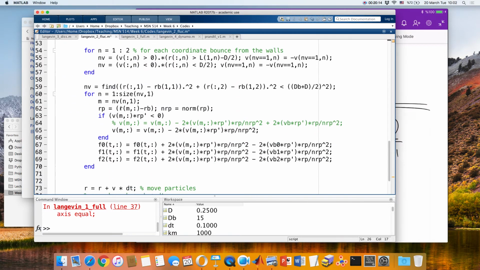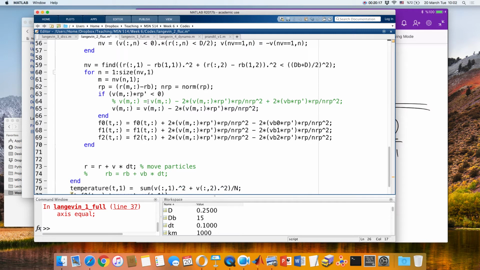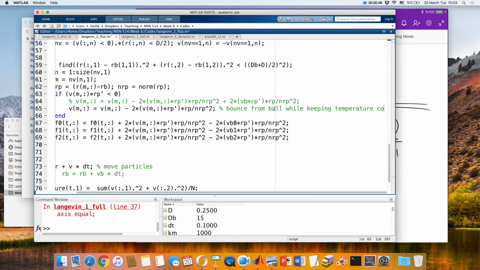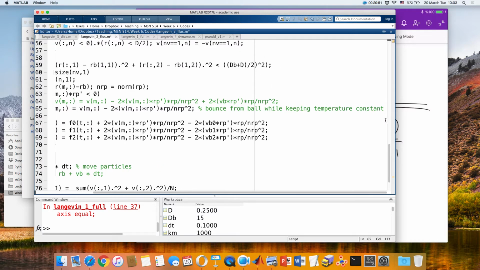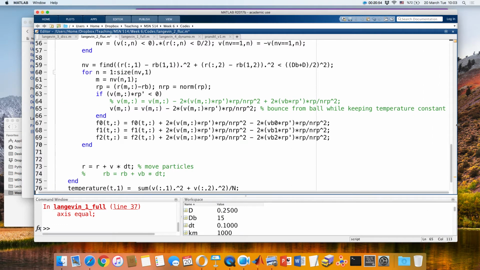So let me show you how I'm recording stuff. In this case, I will assume that the ball is just bouncing the particles off without including its mass or anything, bounce from ball while keeping temperature constant. Do you remember our previous lecture?